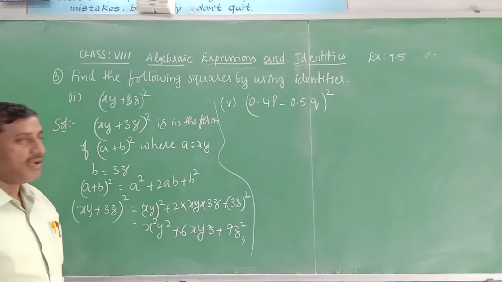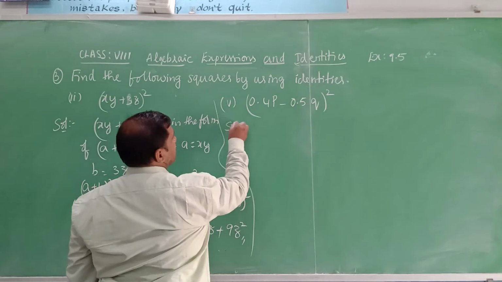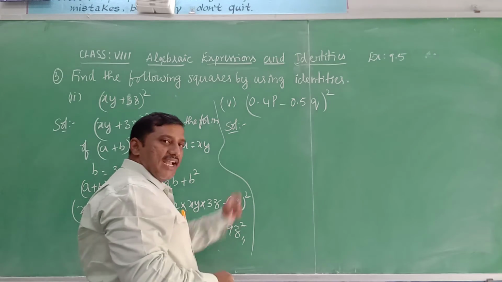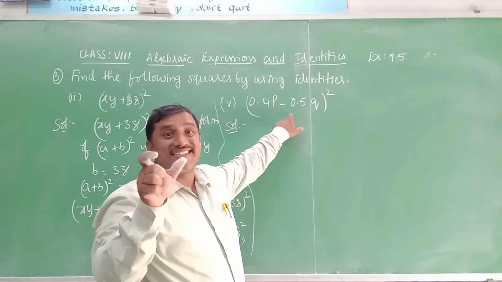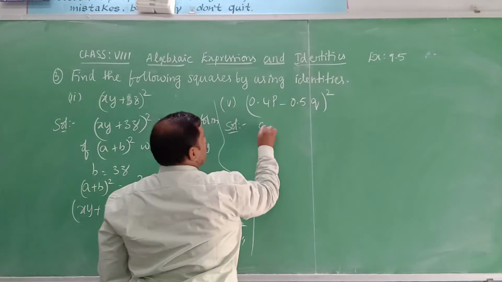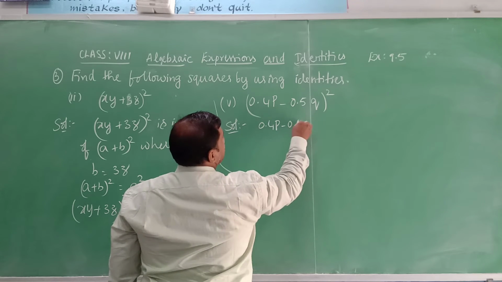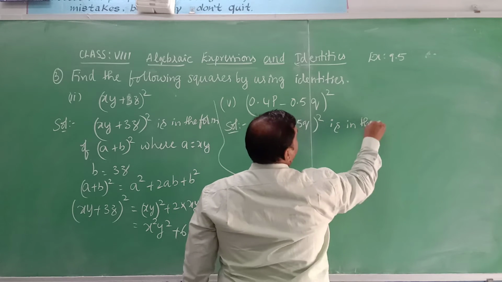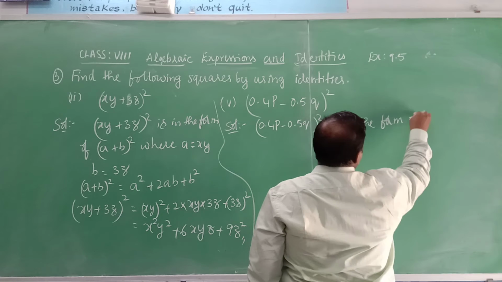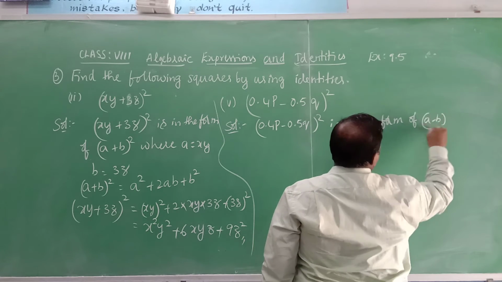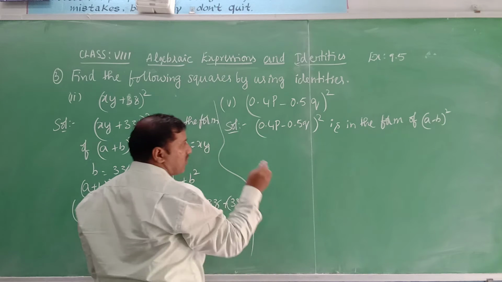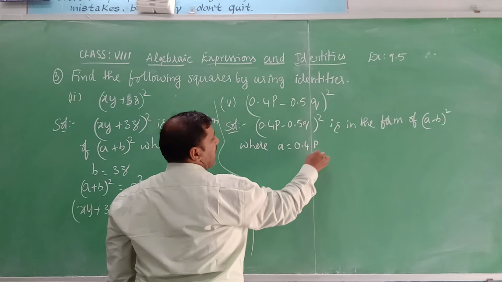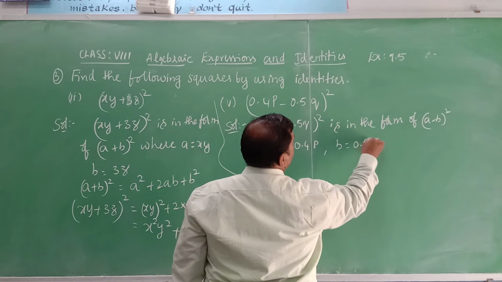Now see the fifth question here, it is 0.4p minus 0.5q whole square. It is in which form, children? Yes, the second identity. 0.4p minus 0.5q whole square is in the form of a minus b whole square, where a is equal to 0.4p and b is equal to 0.5q.